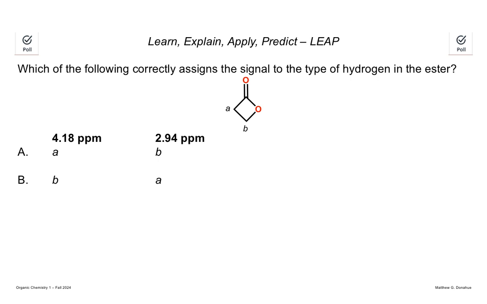It's not just whatever. There are reasons for why you see things at this chemical shift, why it looks that way. So let's put that to practice. And we're basically asked to assign the hydrogens on carbon A and carbon B to their chemical shifts.